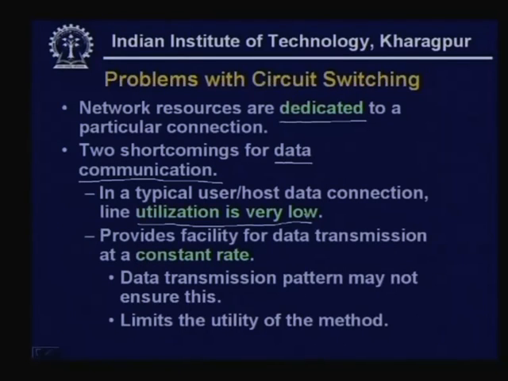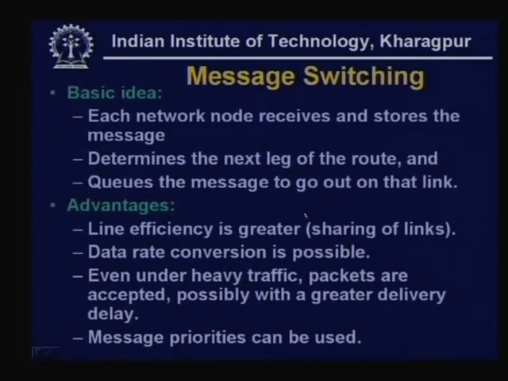These limitations can be overcome by using message switching. The basic idea of message switching is that each network node receives and stores the message, determines the next leg of the route and queues the message to go out on that link. That means it is essentially a store and forward approach.